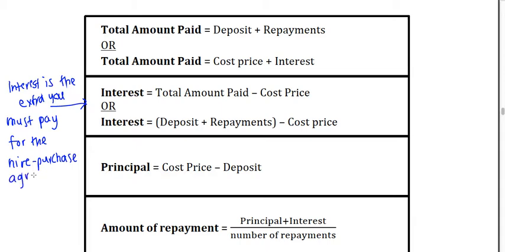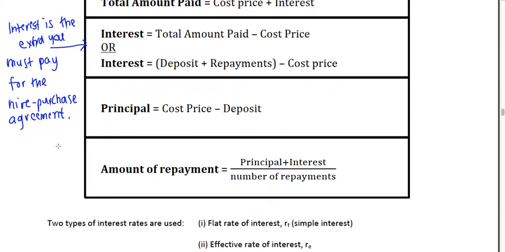So it will cost you more to take the goods home and then pay it back in installments, so just a little bit at a time. It is going to cost you a little bit more, and that extra that it costs you is called the interest.